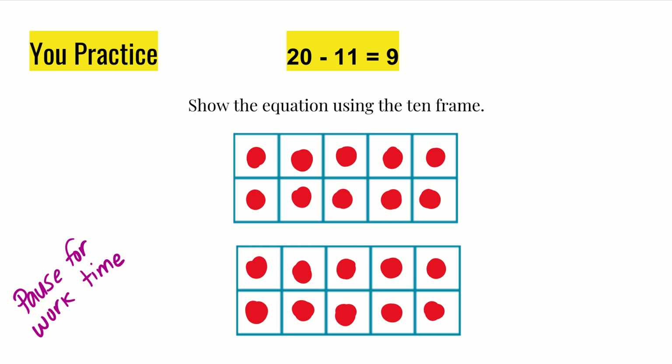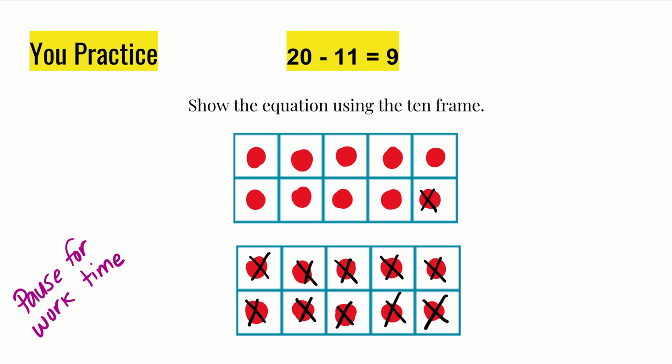Okay, and then it tells me that I am subtracting 11, and I know when I subtract using a 10 frame, I need to cross some of these out. So I'm going to cross out 11. That's 1, 2, 3, 4, 5, 6, 7, 8, 9, 10, 11.